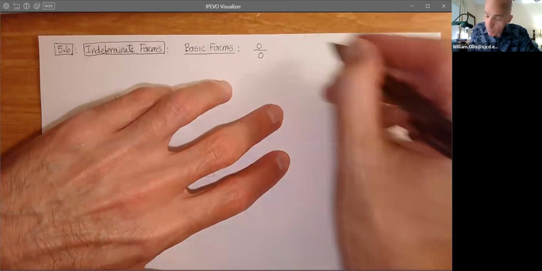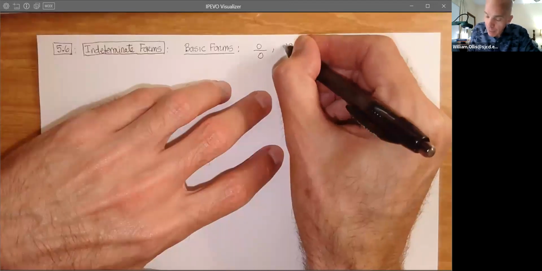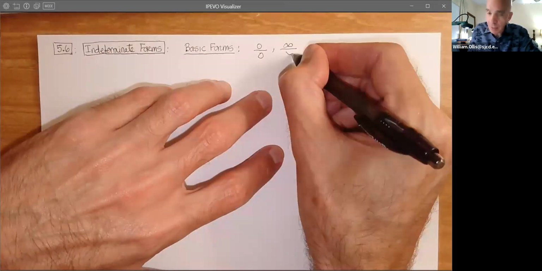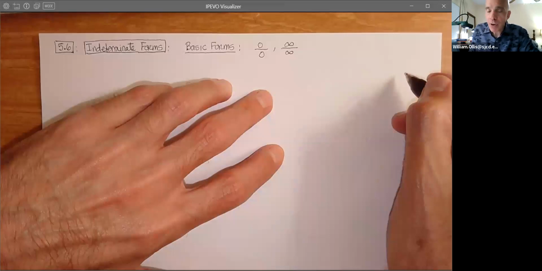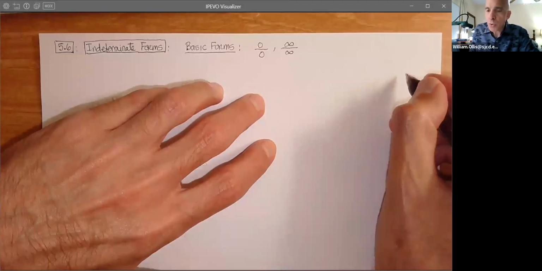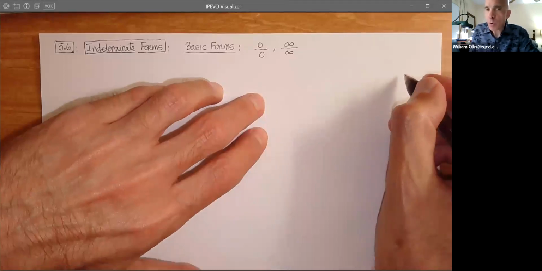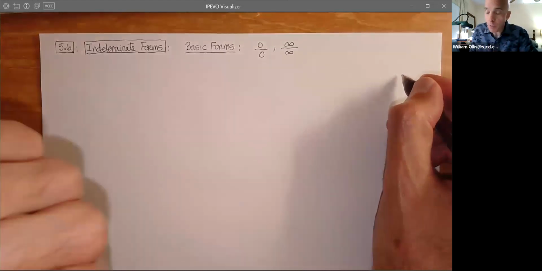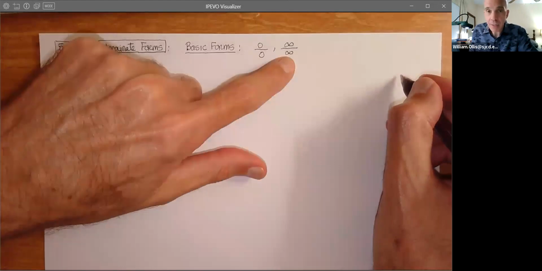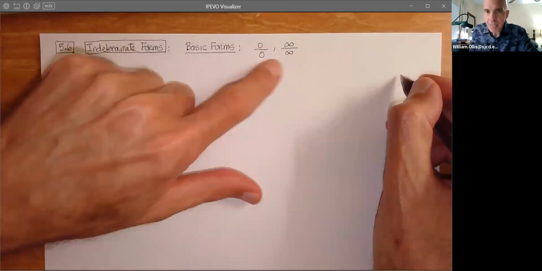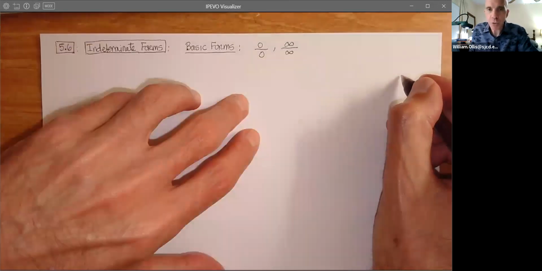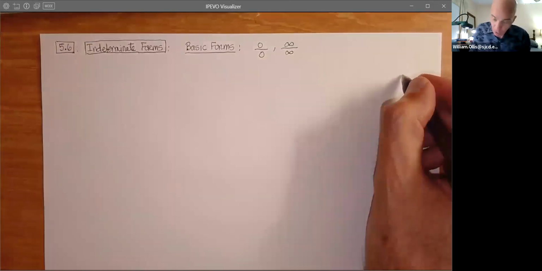And now, of course, another form that exhibits indeterminacy is infinity over infinity. There are ways to rig other indeterminate forms to mimic these. But with these types of indeterminate forms, we have a particular theory, and it's called L'Hopital's rule.